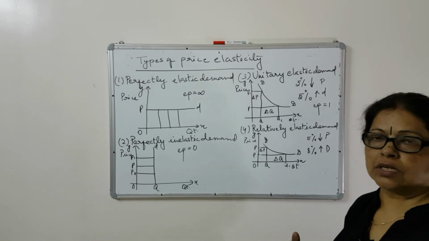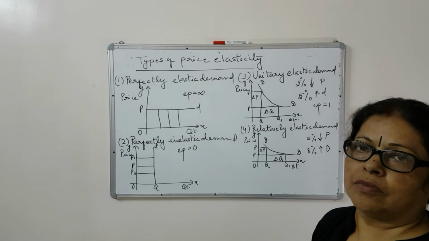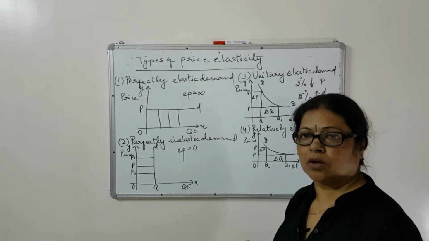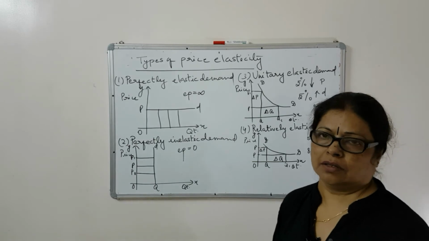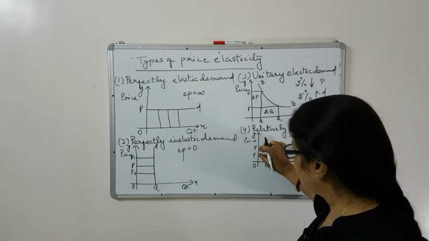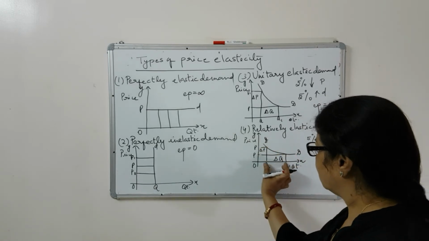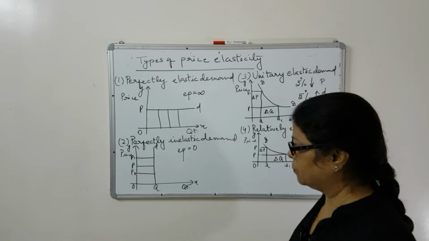If Apple phones are available at 5% less price, people will love to buy those phones, because they are saving a reasonably good amount. So you can see the change in price is this, whereas the change in quantity demanded is more.